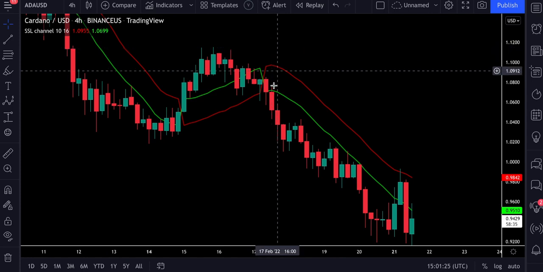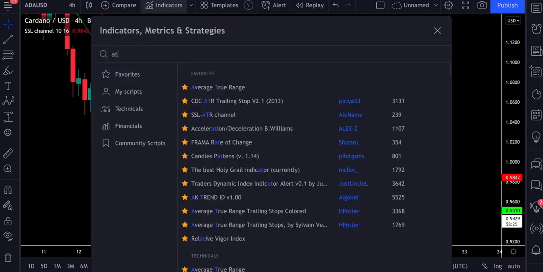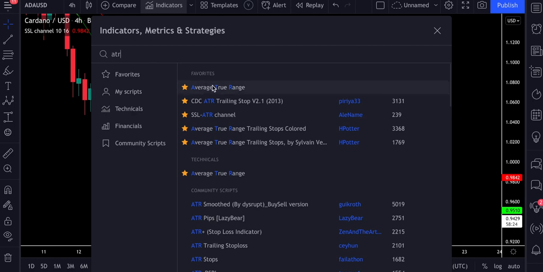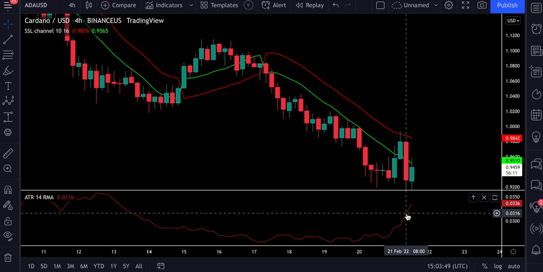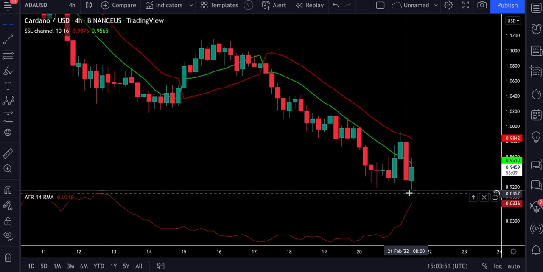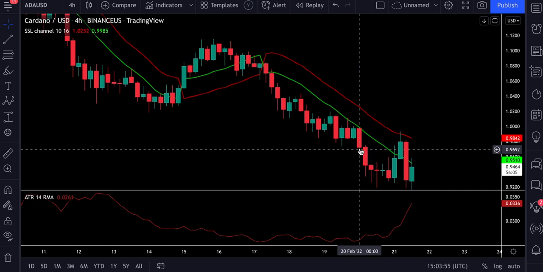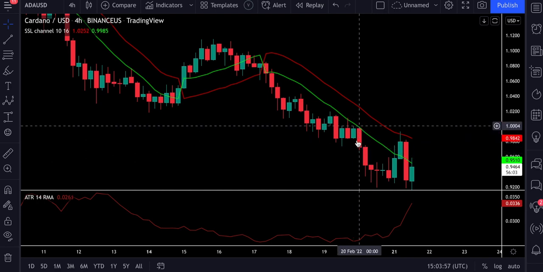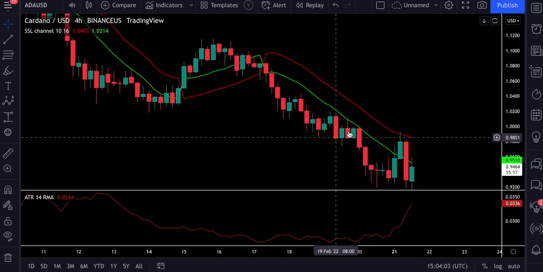First of all, we're going to place our stop loss based on this indicator, the average true range. What this indicator does is it takes into account the last 14 time periods, and it calculates the average length of the candlestick. This is a very important indicator because it shows you the volatility of the market.